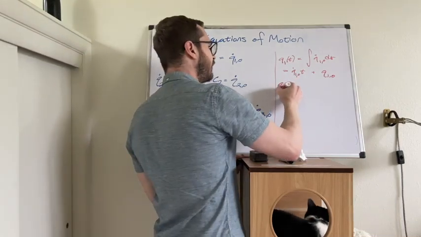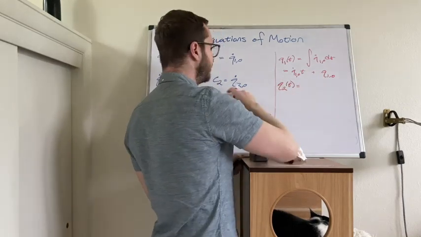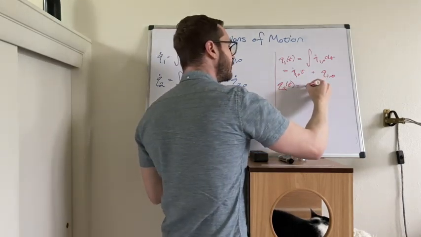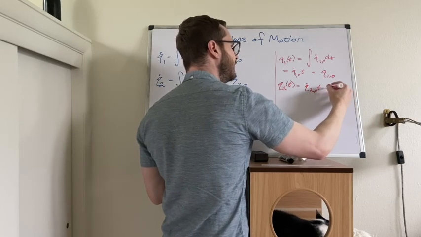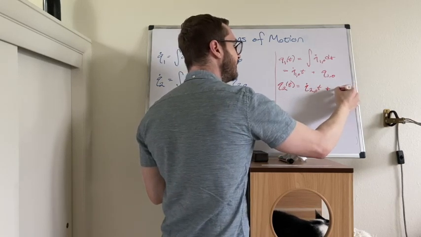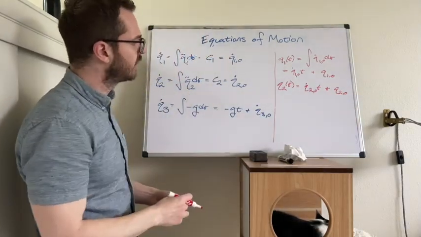If we want to solve for Q2 as a function of time, we're going to, similarly, integrate this, and we're going to get Q2 dot naught times t plus Q2 sub naught. Same equation, right? Basically same equation.